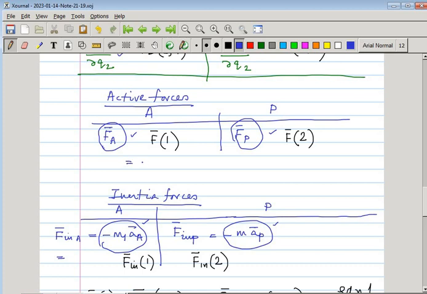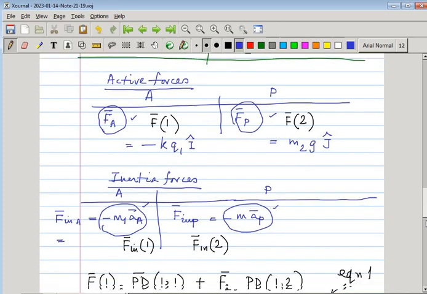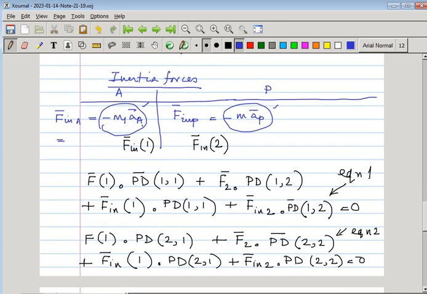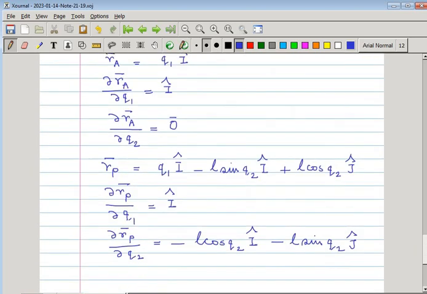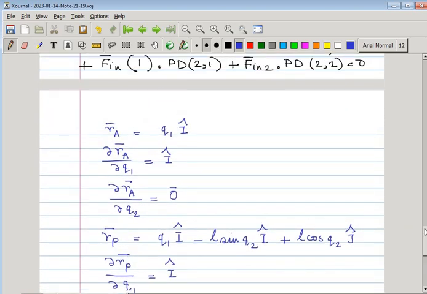F1 we already know, this is minus K Q1 I, and this is M2 G J. So F1 and F2 we already know, and for this we need to find out the accelerations.